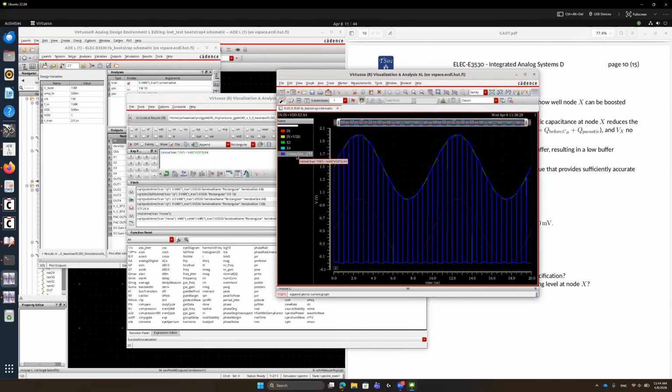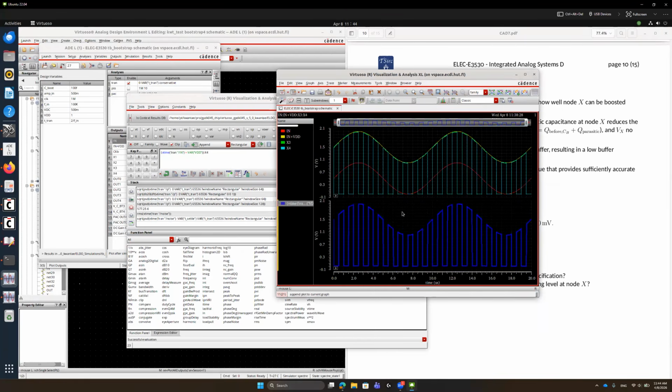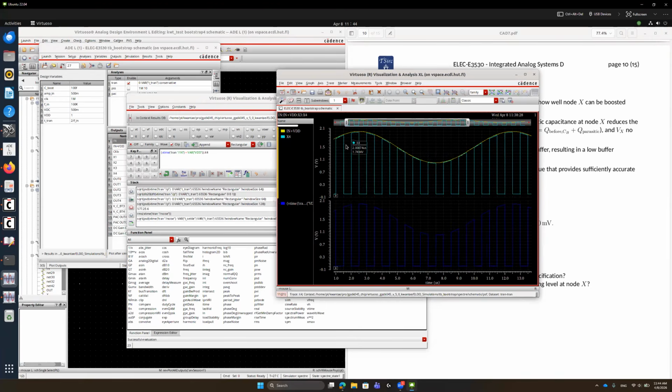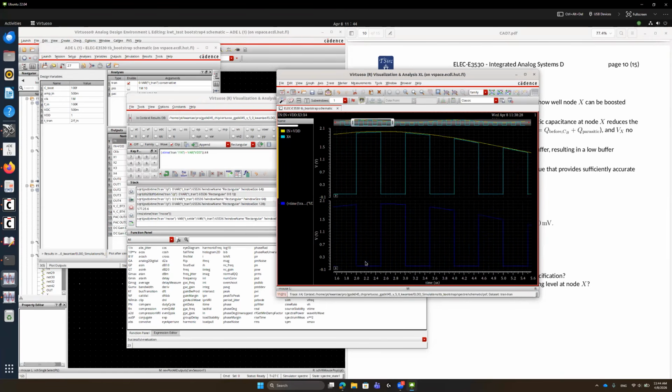Then let me see, Vin plus VDD. Yeah, okay. Here and here. Then you can see that during the track phase, this voltage is indicating the amount of error.